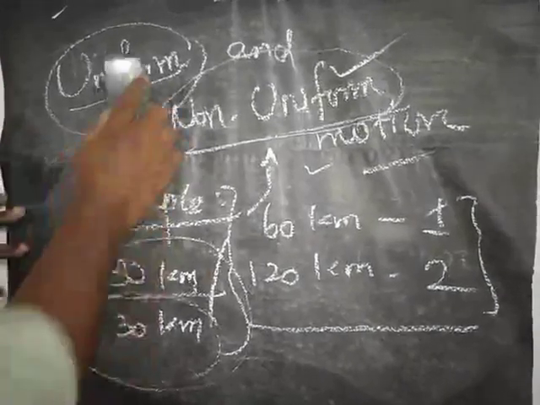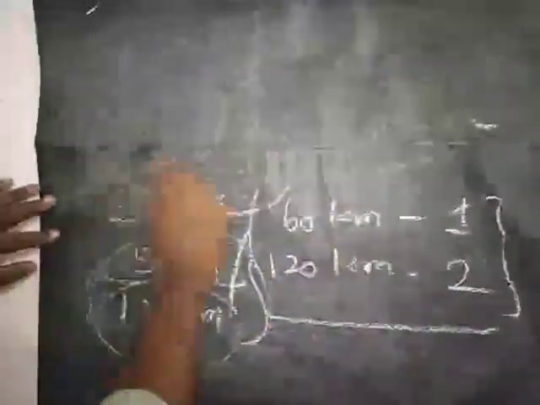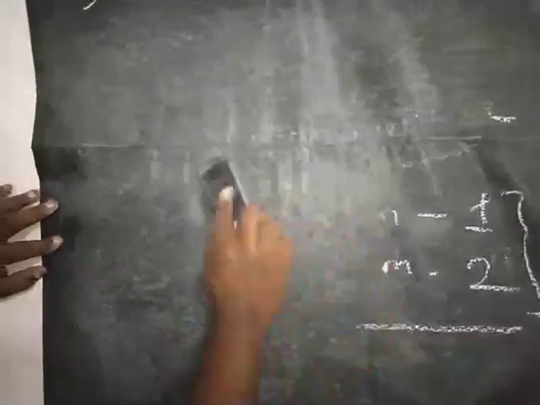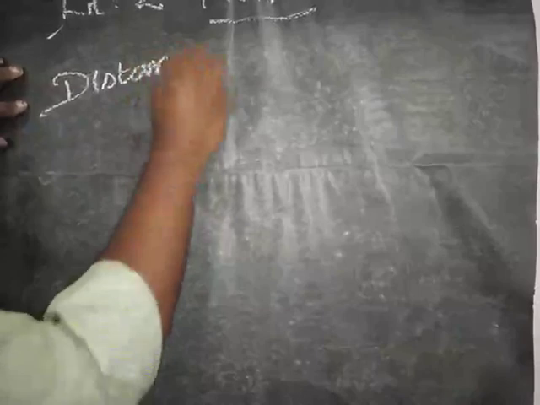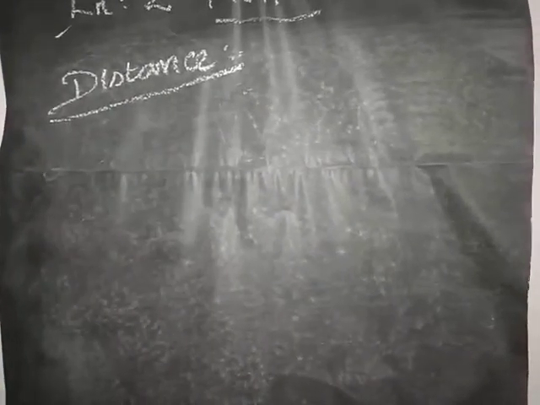Next one, distance, and its definition. The actual path traveled by a moving body, irrespective of direction, is called distance.